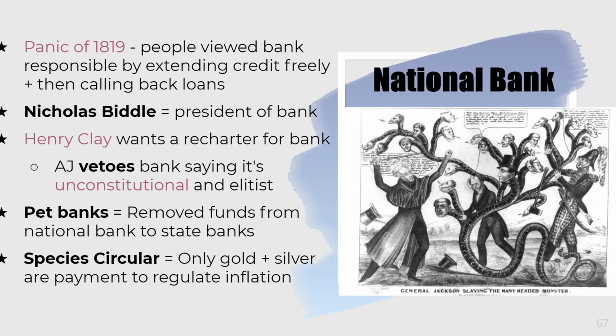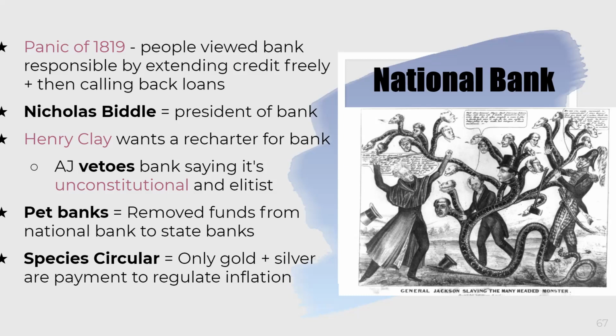And so he vetoes it. He kills the national bank. He basically crumbles it. And then all the funds that were in the national bank, he sprinkled into a bunch of what people call pet banks, which are just more local state banks that are more likely to give loans to small town folk, which is 100% true.